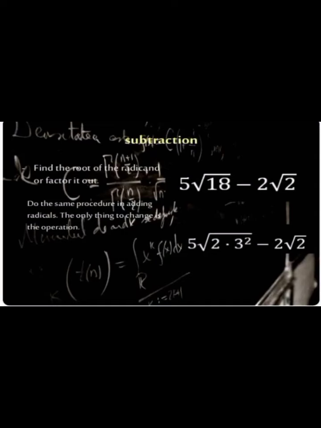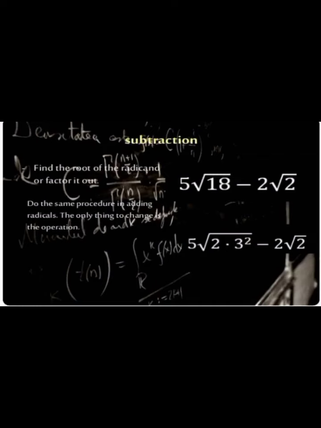The square root of 18 is 2 times 3 squared. So 5 square root of 2 times 3 squared, minus 2, and copy the square root of 2.